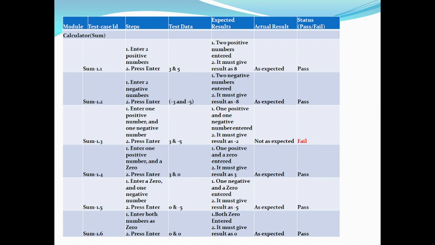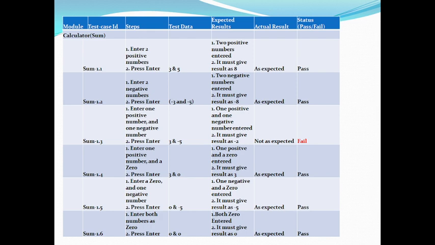Also, let us see the test case ID sum 1.3, or you can also see the row where status is fail with red color. Okay. So when we need to write the status as fail, say if we enter two numbers, one positive and one negative, in test case ID sum 1.3, the test data is 3 and minus 5.